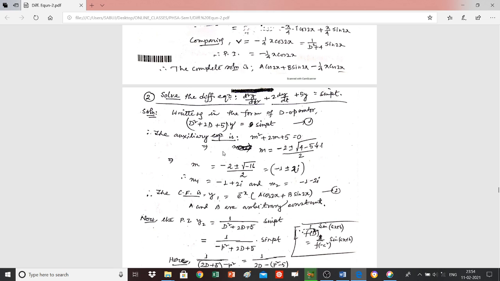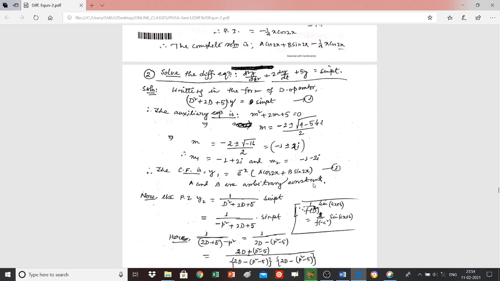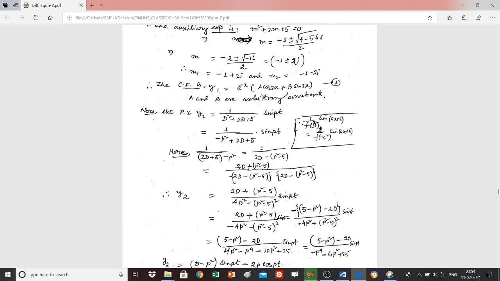And from here m has two values, m1 is equal to minus 1 plus 2i and m2 is equal to minus 1 minus 2i. So the complementary function, since in this case it has the form alpha plus minus beta i, and here alpha is minus 1, is e to the power minus x, then beta is 2, so a cos 2x plus b sin 2x.